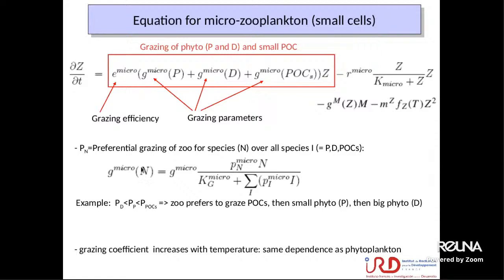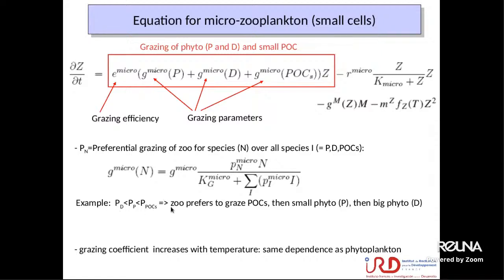For instance, for a species N, if the zooplankton grazes N, you have this complex formula, and this complex formula indicates that there are preferences, which means that the zooplankton prefers to eat, for instance, POC, particulates, and then after a small phytoplankton, and then after a big zooplankton. Don't take care of this order.